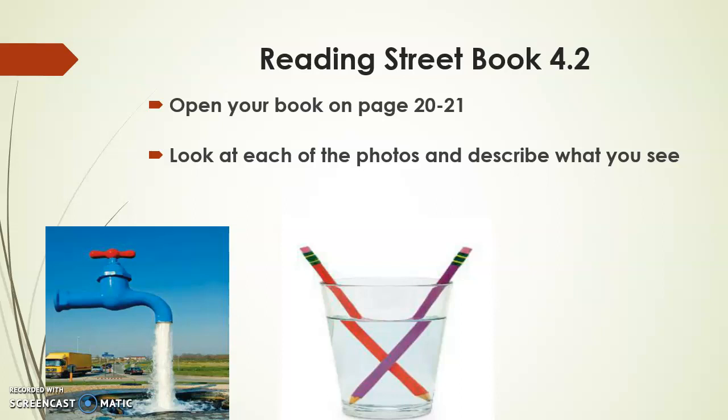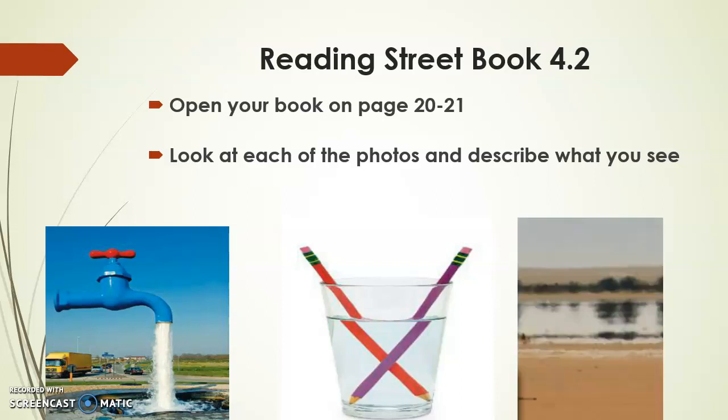The second picture, a couple of pencils in a cup of water. It's clear that the pencils look as if they are split. But the question here is, are they split? Or are they whole? The third picture, a desert with a water pool in it.